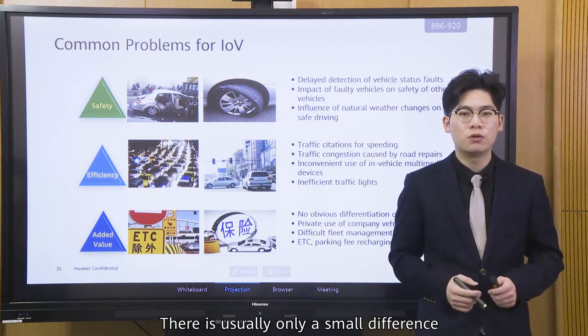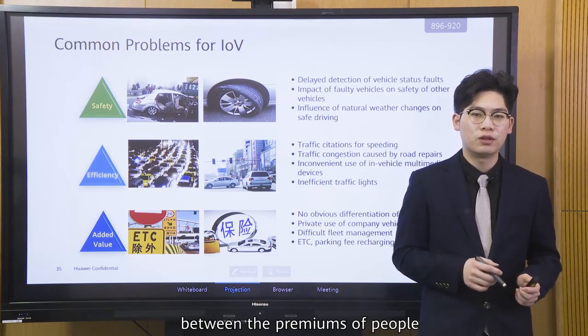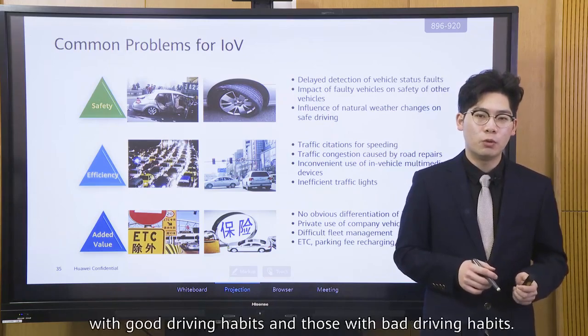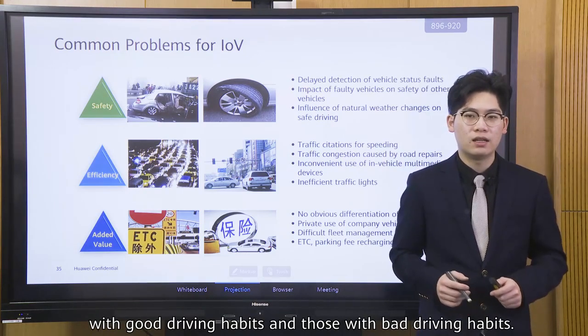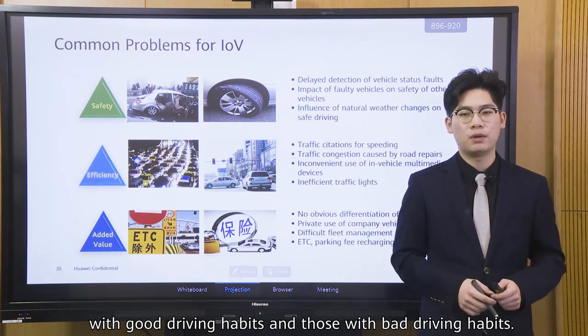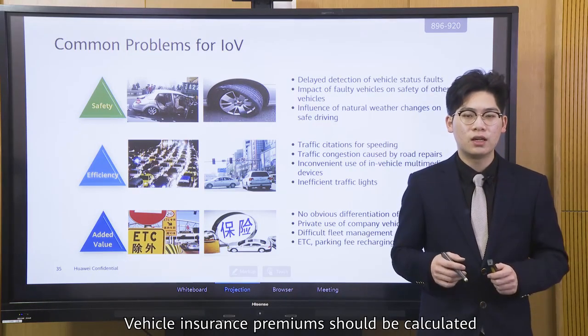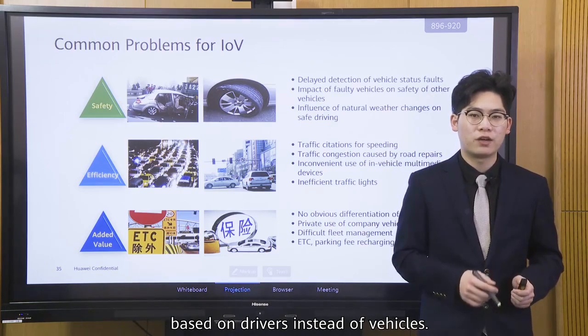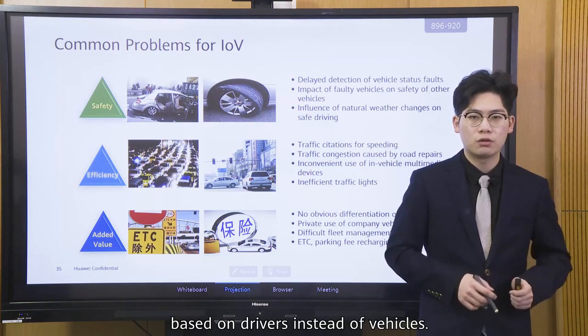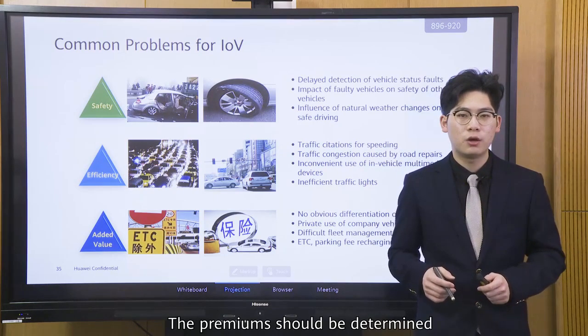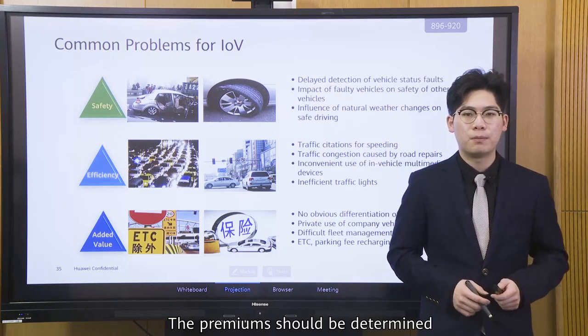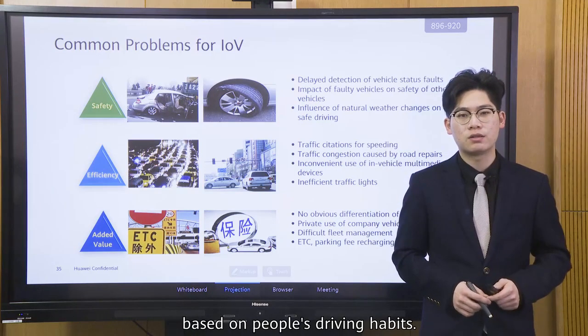There is usually only a small difference between the premiums of people with good driving habits and those with bad driving habits. Vehicle insurance premiums should be calculated based on drivers instead of vehicles. The premiums should be determined based on people's driving habits.